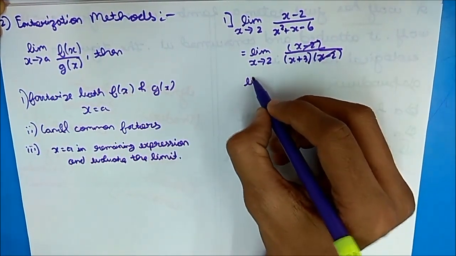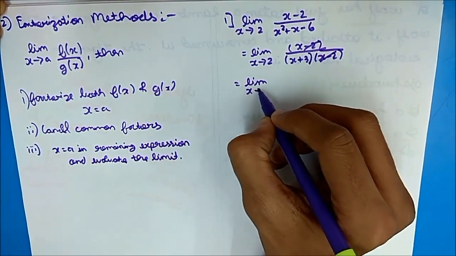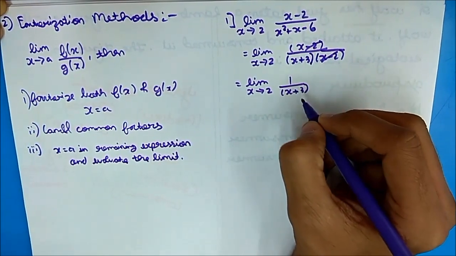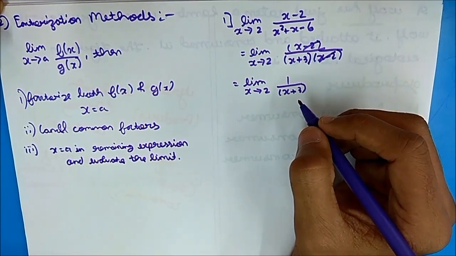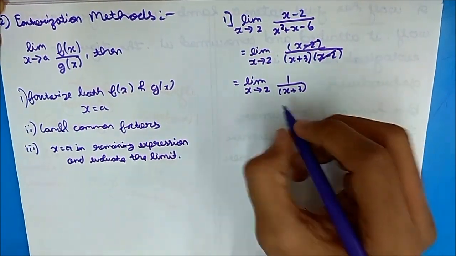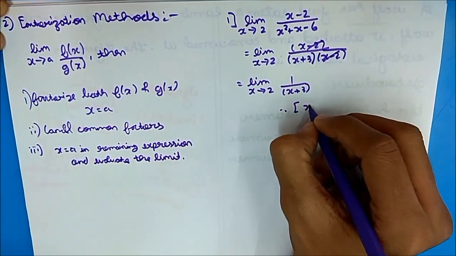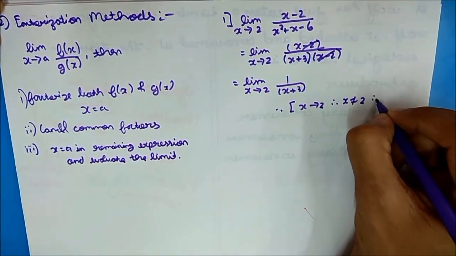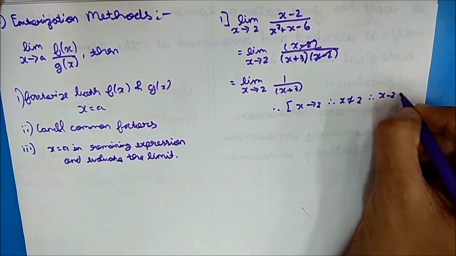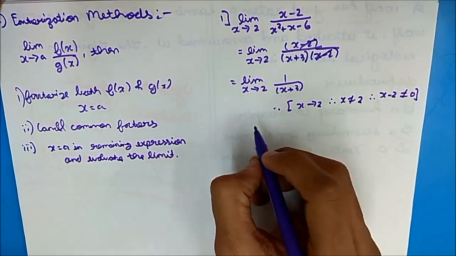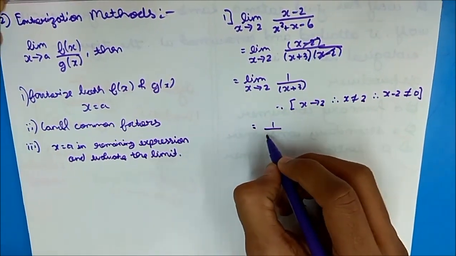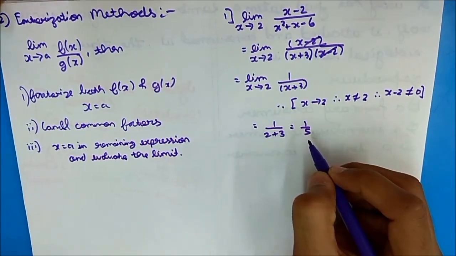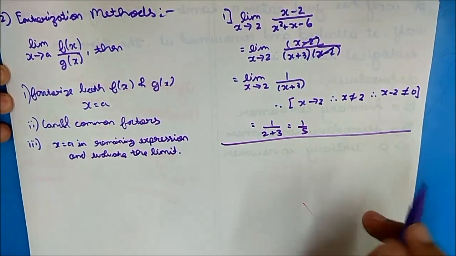Then we have limit x tends to 2, 1 upon x plus 3. x tends to 2, therefore x cannot be equal to 2, therefore x minus 2 cannot be equal to 0. This is equal to 1 upon 2 plus 3 is equal to 1 upon 5. And that's the first sum.